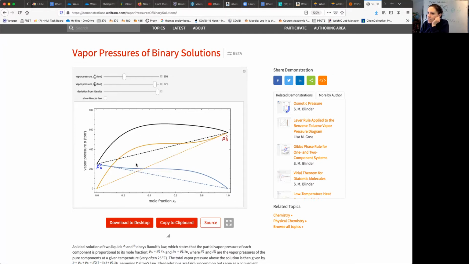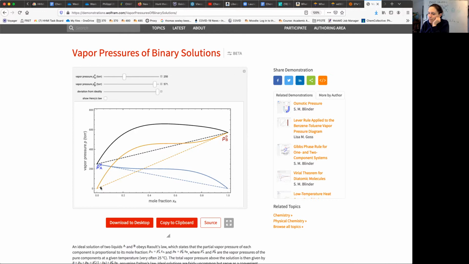Okay, so here you have, as you increase the mole fraction of B, the vapor pressure skyrockets, and then it kind of levels off. Notice how as you get very close to 100% B, as well as very close to 100% A, you have these rather steep and/or linear trends.